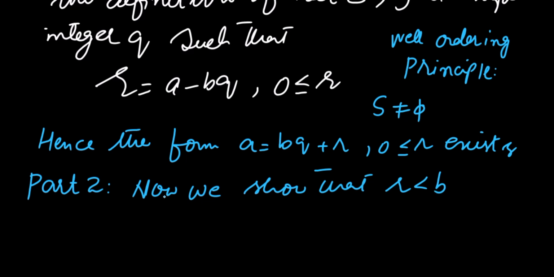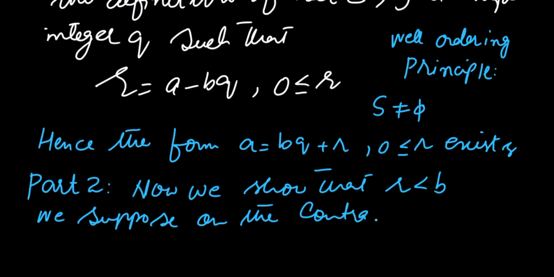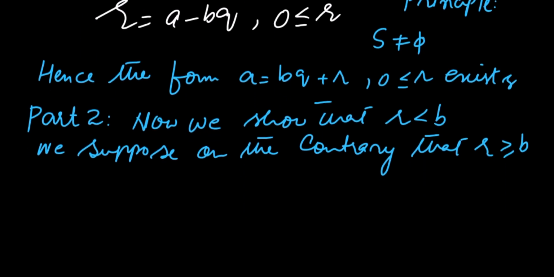We suppose on the contrary that R is not less than B, it means our R is greater than or equal to B. Or we can say R minus B is greater than or equal to 0.